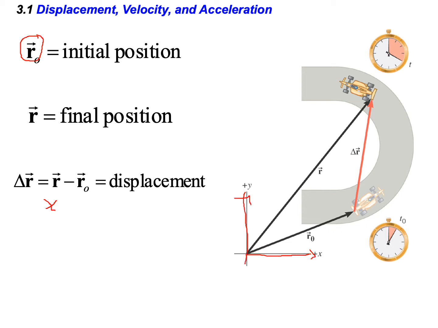Any motion along this plane, we can use r. So for example, this is the initial position. You see, it has motion along the x direction and also motion along the y direction. But with respect to the initial position, your final position is here.